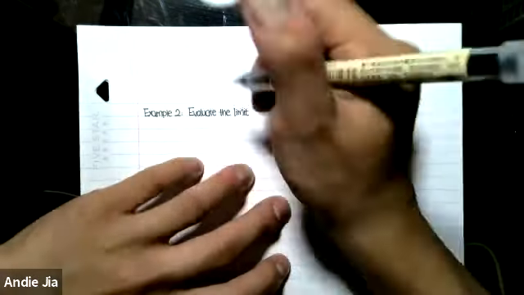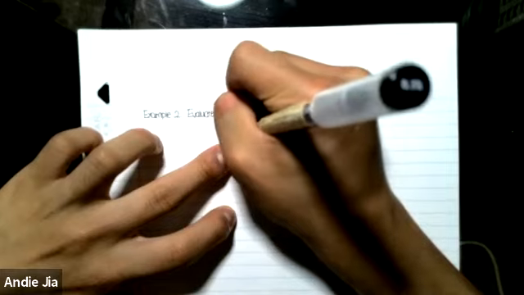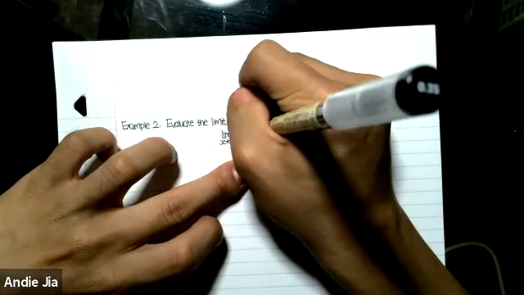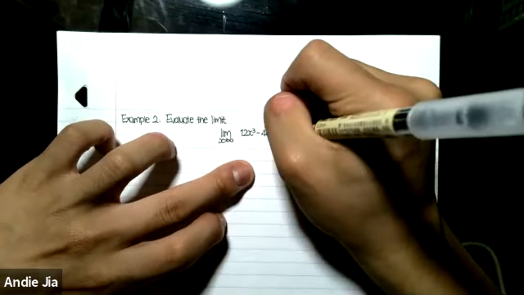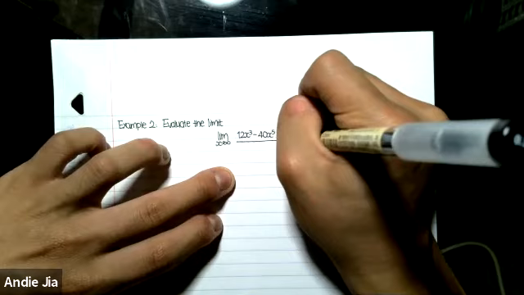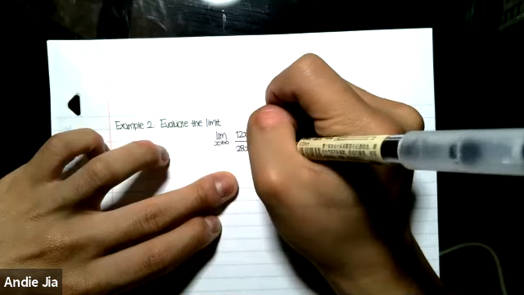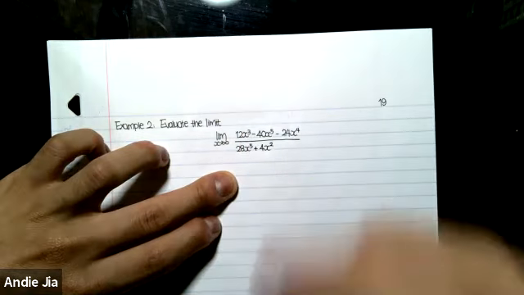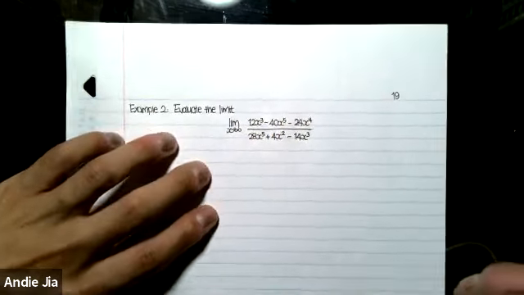So this time, I will have the limit as x approaches infinity of 12x to the cubic minus 40x to the 5th minus 24x to the 4th over 28x to the 5th plus 4x to the squared minus 14x to the cubic.